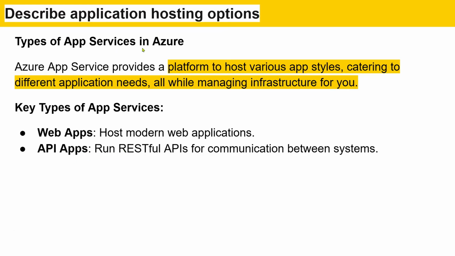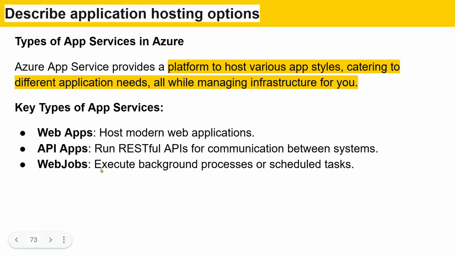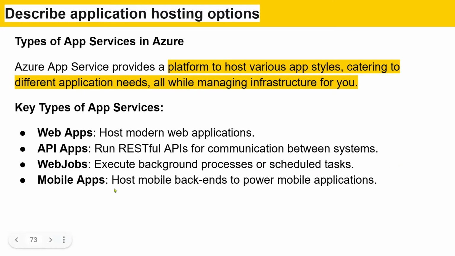So if somebody asks what you can do in Azure App Service, you can host modern web applications. API apps run RESTful APIs for communication between systems. Web jobs execute background processes or scheduled tasks. Mobile backends power mobile applications. These are the services that you can use in Azure App Service.